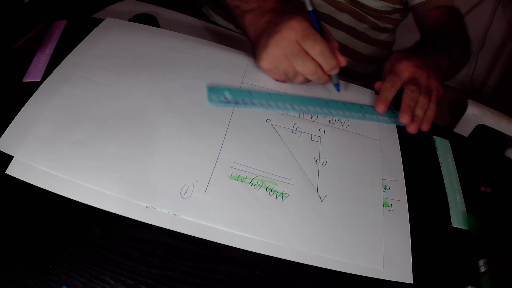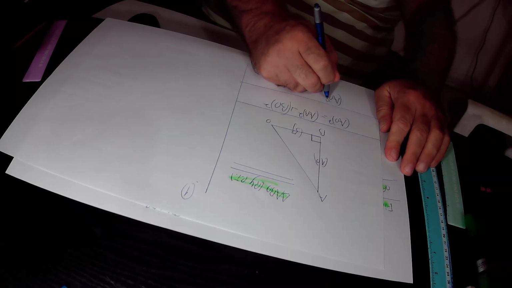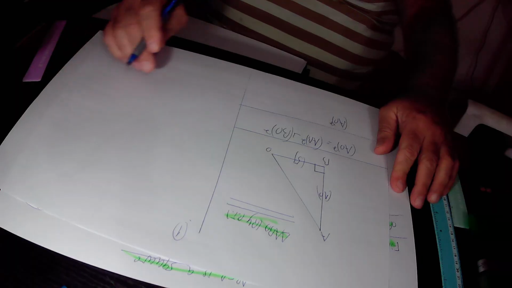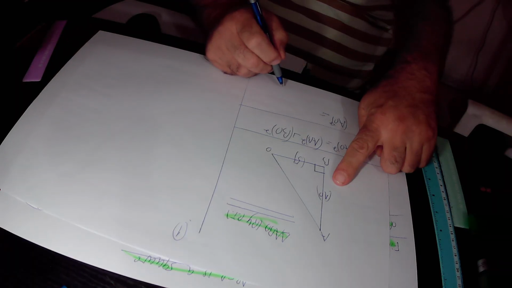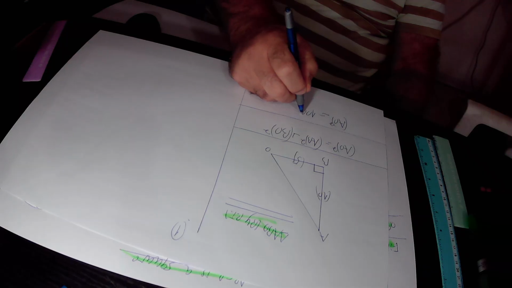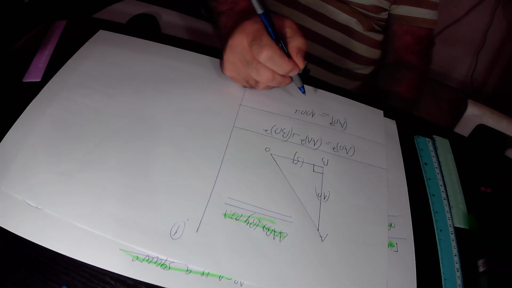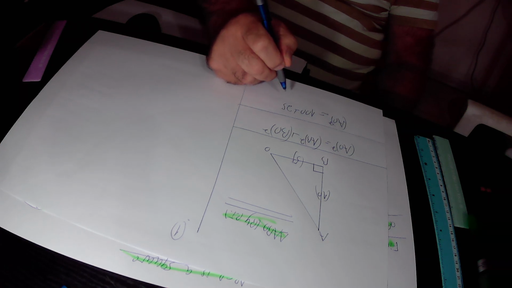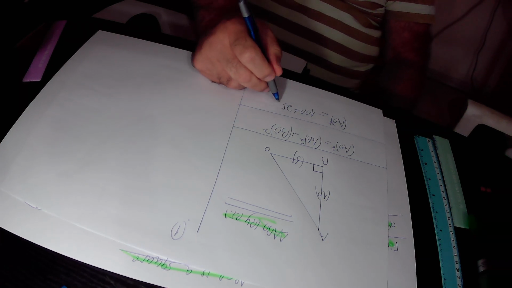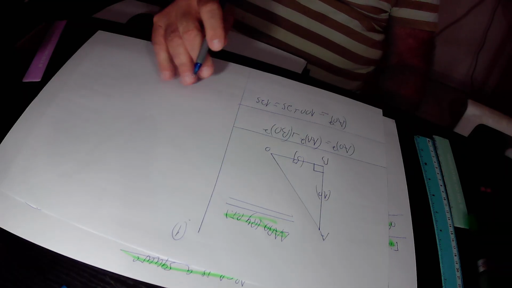AO is the missing side, so leave it as it is. We have AO square equals AB square. AB is 10, therefore AB square is 10 squared, that is 100. Plus BO square. BO is 5, therefore BO square is 5 squared, that is 25. So in total, AO square equals 100 plus 25, that is 125. So AO square equals 125.